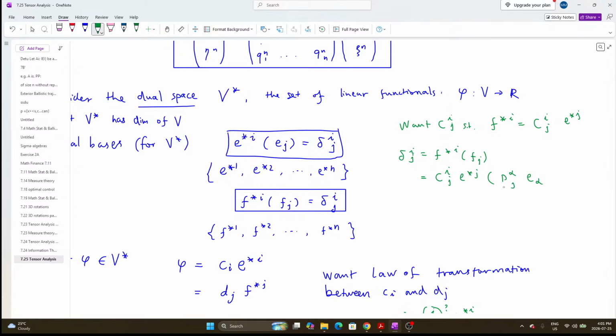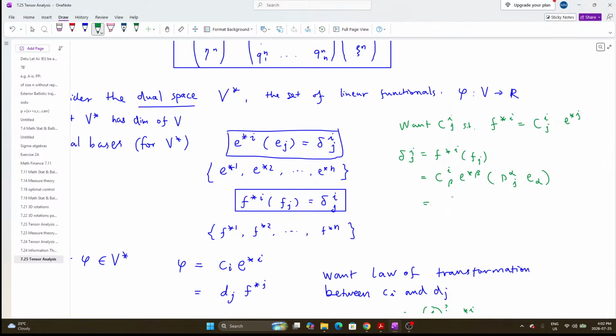Can I use j? No, I can't. I have to use something else here because j is free. Perhaps when you write an expression, it's first important to notice which indices are free and which aren't. Because j is free, I have to use something else. Let's say beta.